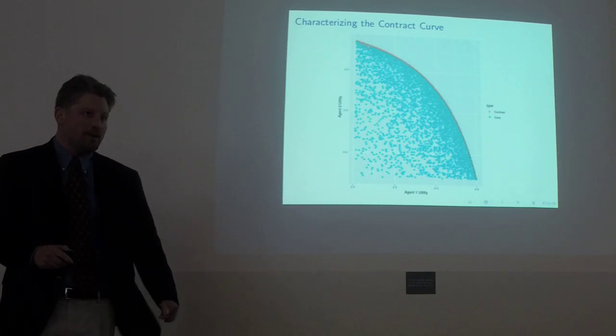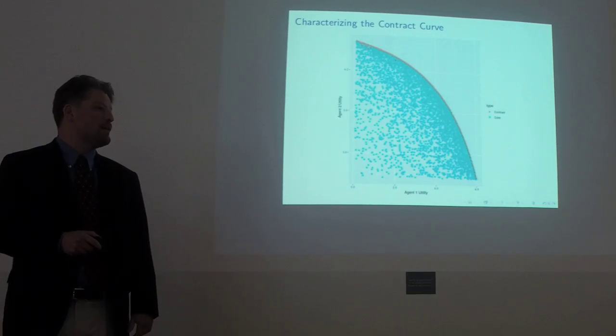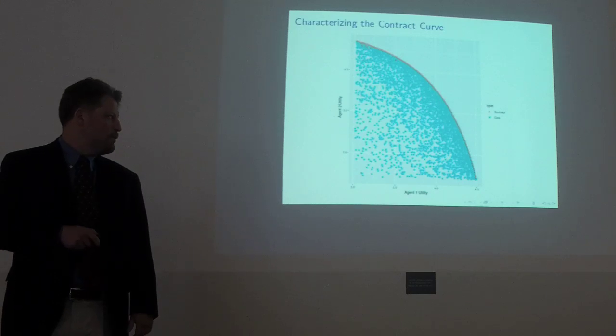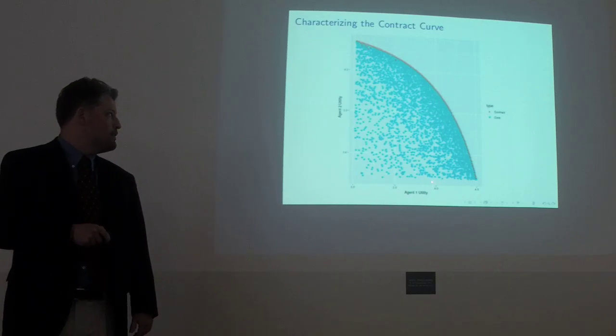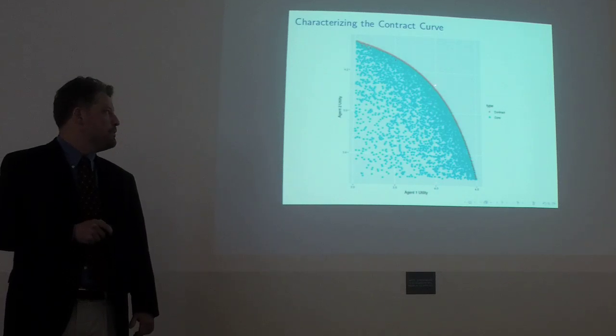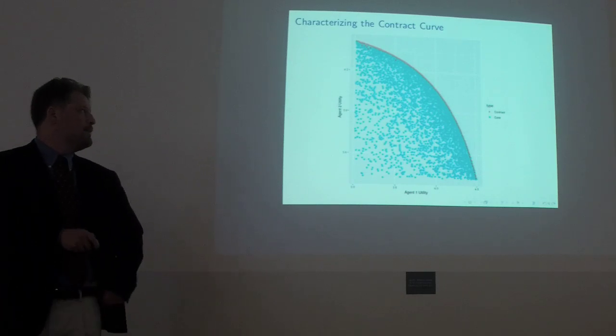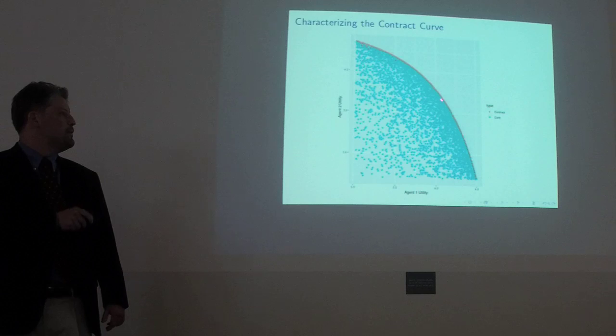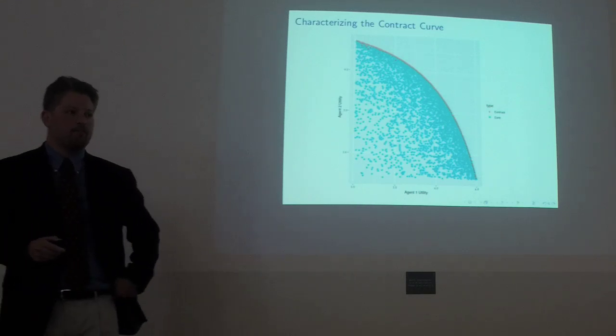That boundary corresponds to the contract curve. So if agent 1 has utility 4, what bundle makes agent 2 happiest? This one. Agent 2 has utility of, that looks like 3. What bundle makes agent 1 happiest? That's here. That edge is the contract curve.